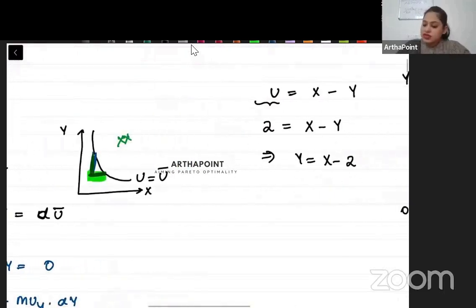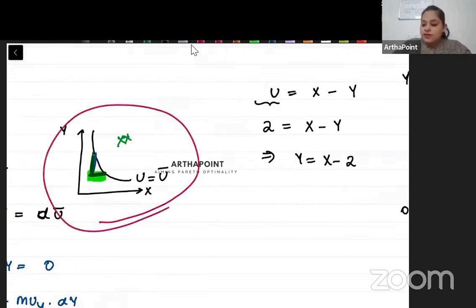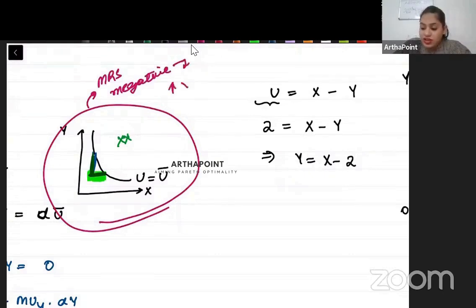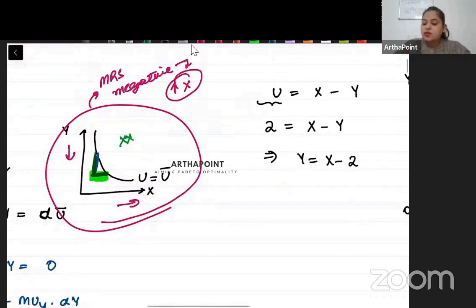Now, usually for these kind of indifference curve, we see that MRS is negative. Why is MRS negative? Because when you want to increase the consumption of one good, you are decreasing the consumption of the other good. MRS is the rate at which you do that, right? But we always take positive values because we're interested in understanding the rate.